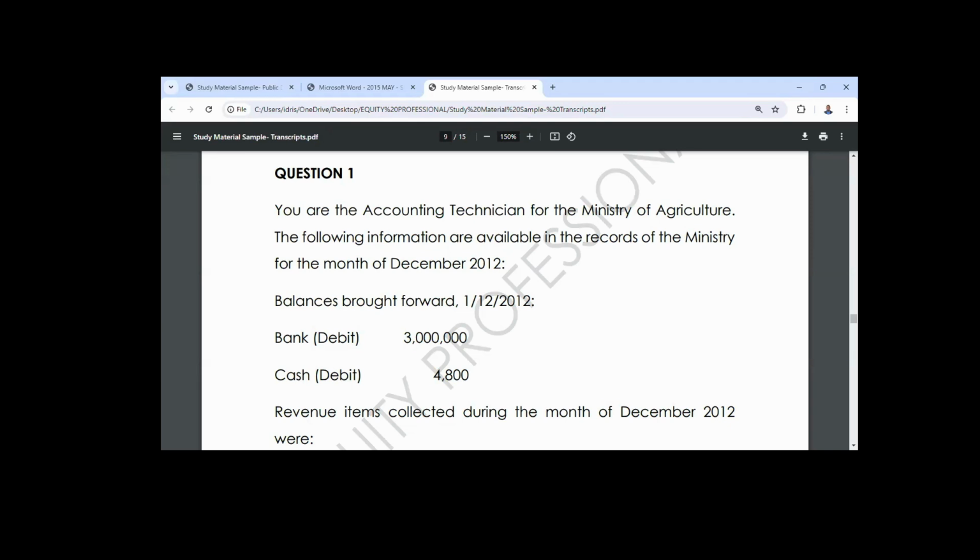The following information is available in the records of the ministry for the month of December 2012. Balance brought forward as at 1st of December 2012: for bank is 300,000, for cash is 4,800.